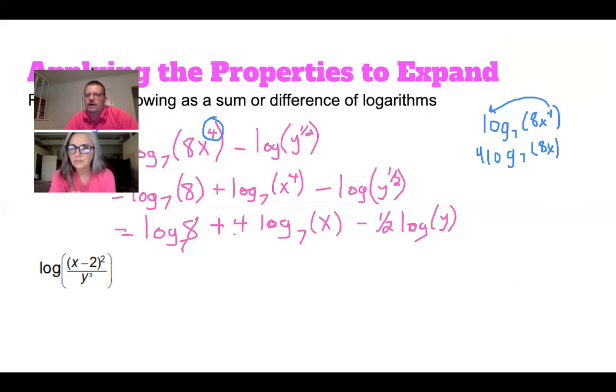That 4 applies to both the 8 and the x, where the exponent is only attached to the x in the original problem. Right. So notice that the only log the 4 should be attached to is the log with the x in it. And the log with the 8 doesn't have a 4 in front of it because that power of 4 doesn't apply to it. 8 has a power of 1. So we shouldn't expect to see a 4 in front of that logarithm.